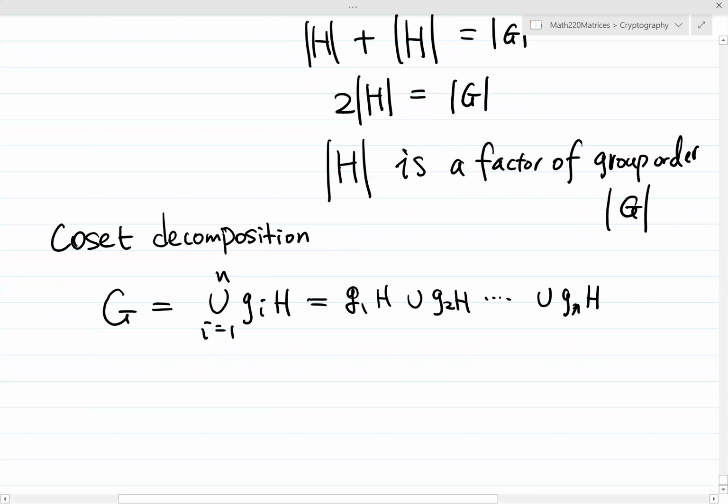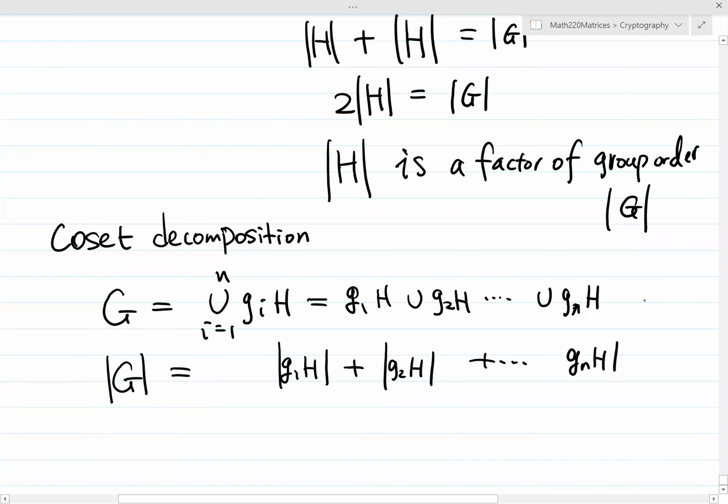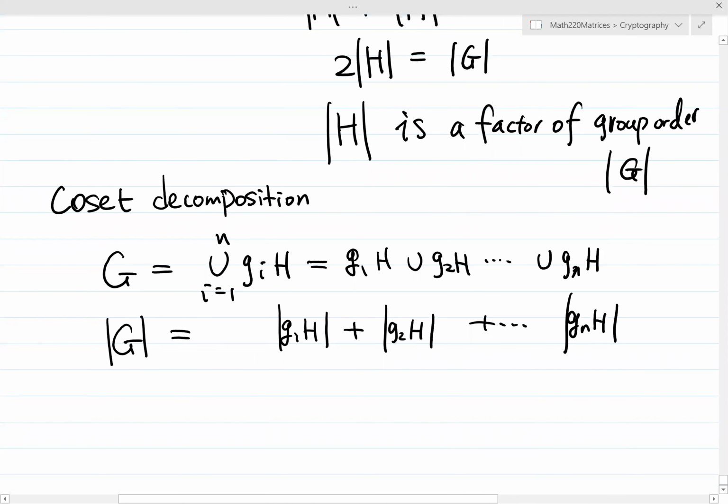So the number of elements in G is exactly the number of elements in g_1 H plus g_2 H plus up to g_n H. Each of these equivalence classes has exactly |H| many elements, by the bijection.